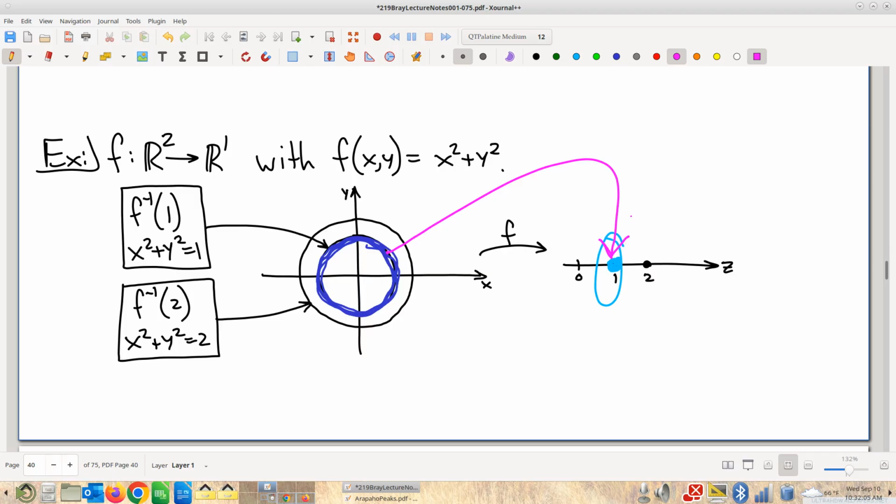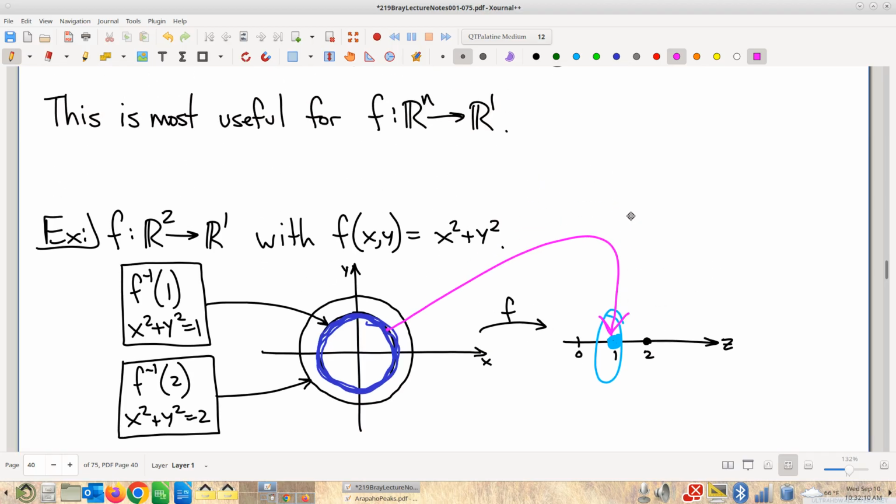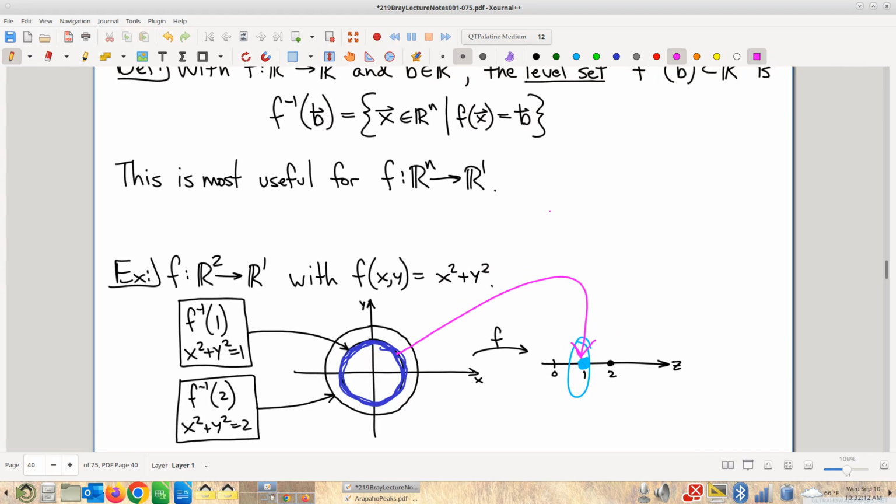All right, so we call this a pre-image. It's denoted, actually, let's take a look at this notation now that we've got a picture. So we call this f inverse of b. Whatever this value is here, that's our b.